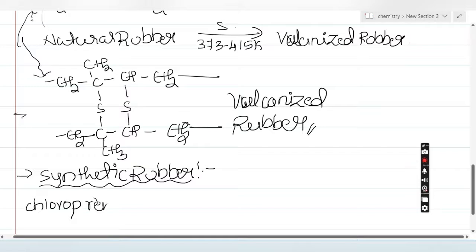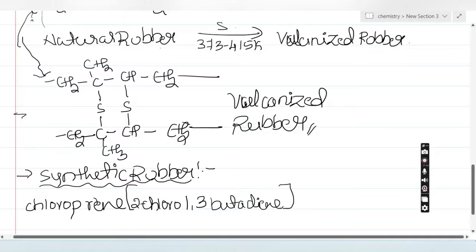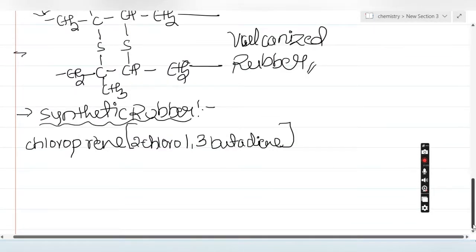Chloroprene is a monomer, commonly called 2-chloro-1,3-butadiene. Very simple. Already you know in natural rubber 2-methyl-1,3-butadiene was present. Here I write 2-chloro-1,3-butadiene, which will be the monomer that is used in preparation of synthetic rubber.